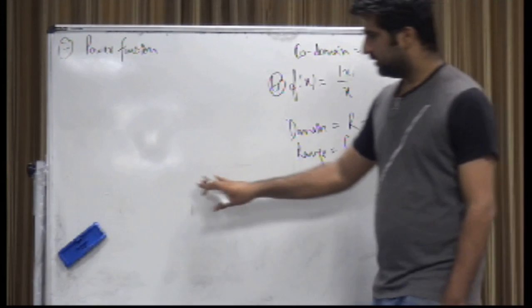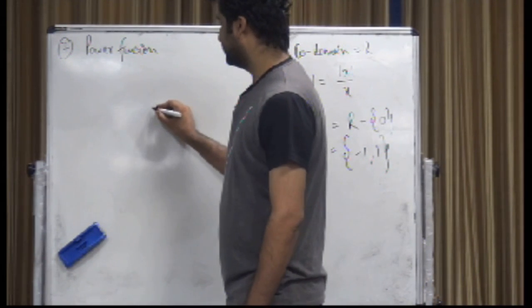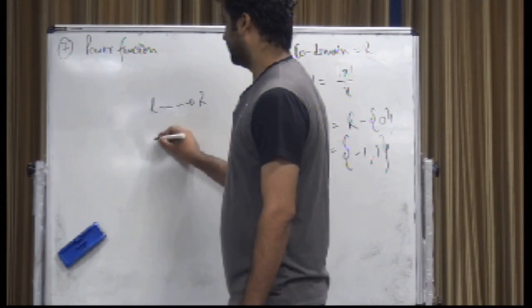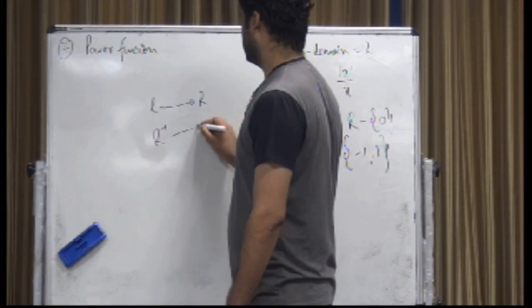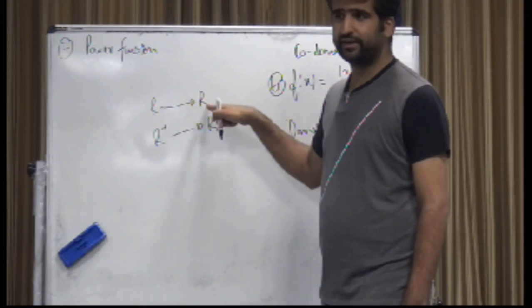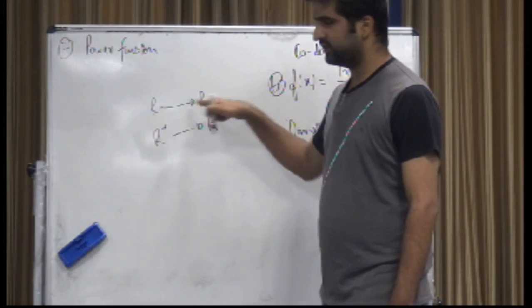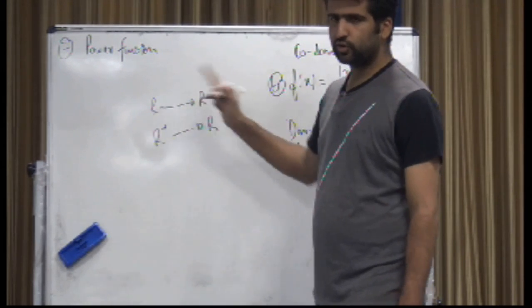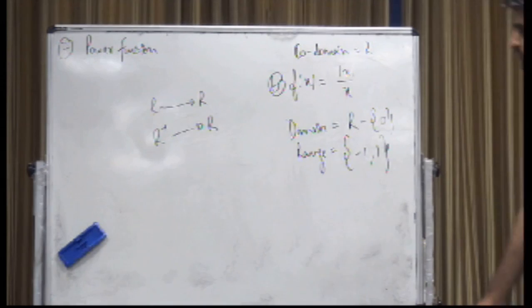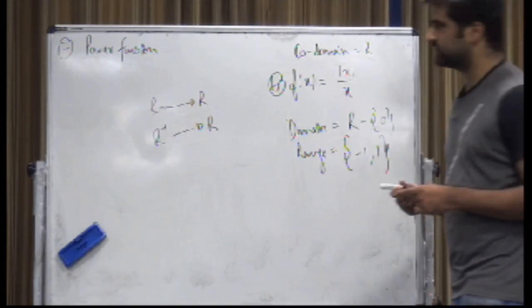Like in the question, it will be given that the function is defined from R to R, or let's say R plus to R, then the first one is called the domain and the second one is the codomain. So it will be mentioned in the question. If this is not mentioned, then the codomain will be all real numbers. So now let's see the power function.